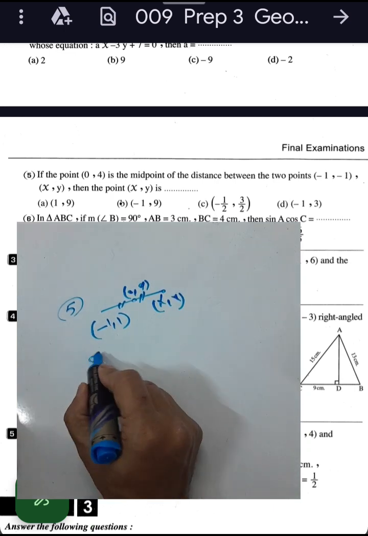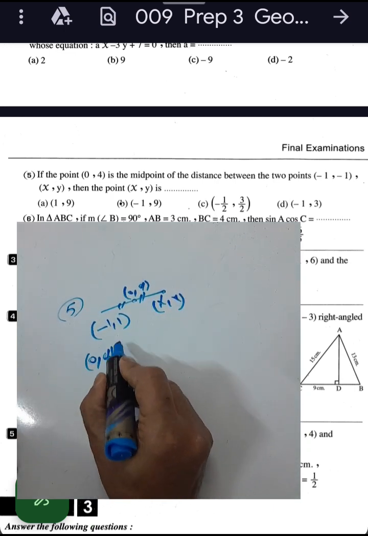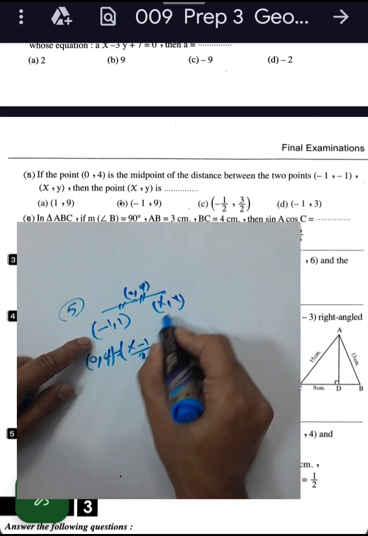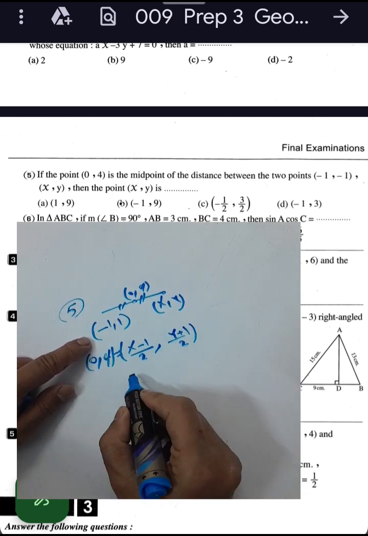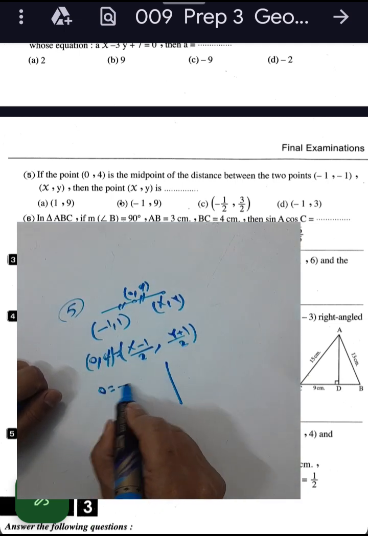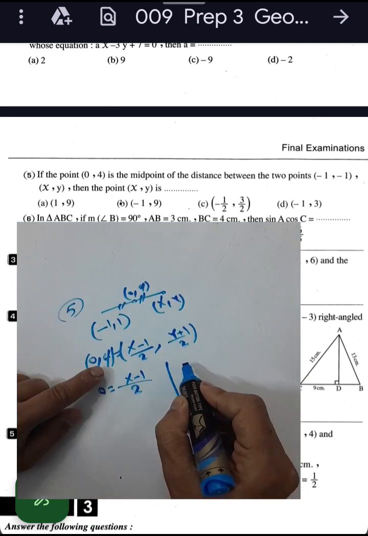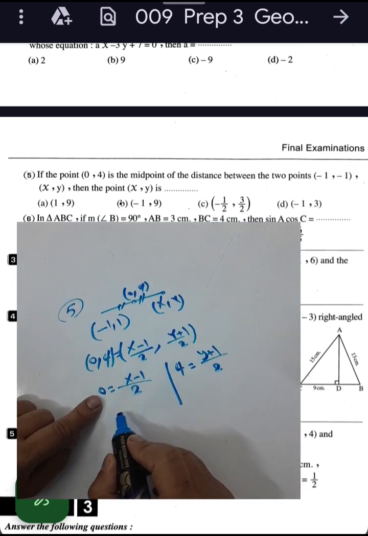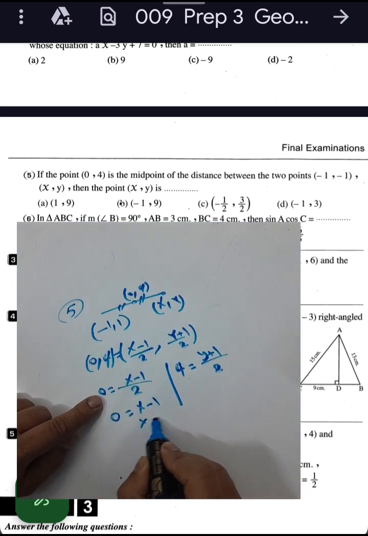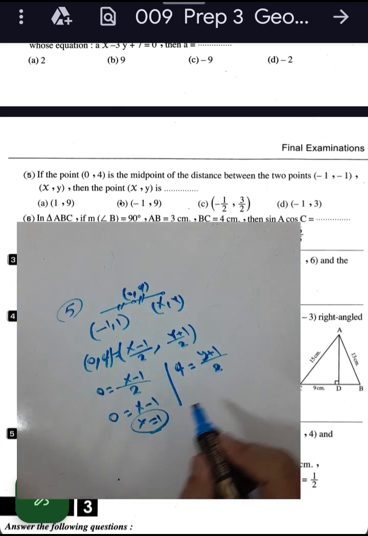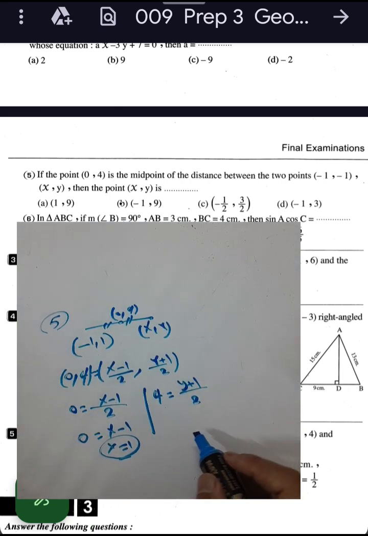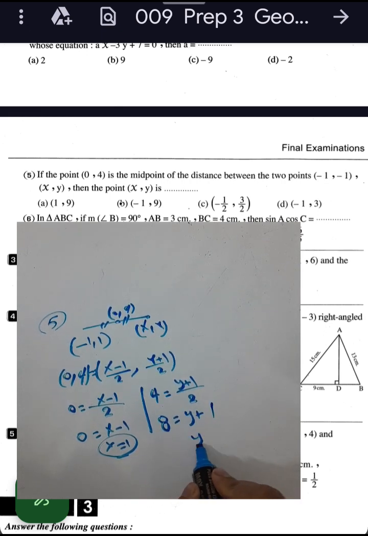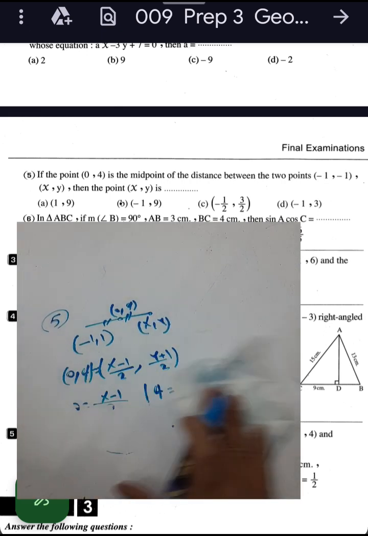Then the point (0, 4) equals ((x + (-1))/2, (y + 1)/2). Then 0 equals (x - 1)/2 and 4 equals (y + 1)/2. 2 times 0 equals 0, so 0 equals x - 1. Then the value of x will be 1. And here 2 times 4 equals 8, so 8 equals y + 1. Then y will be equal to 7.